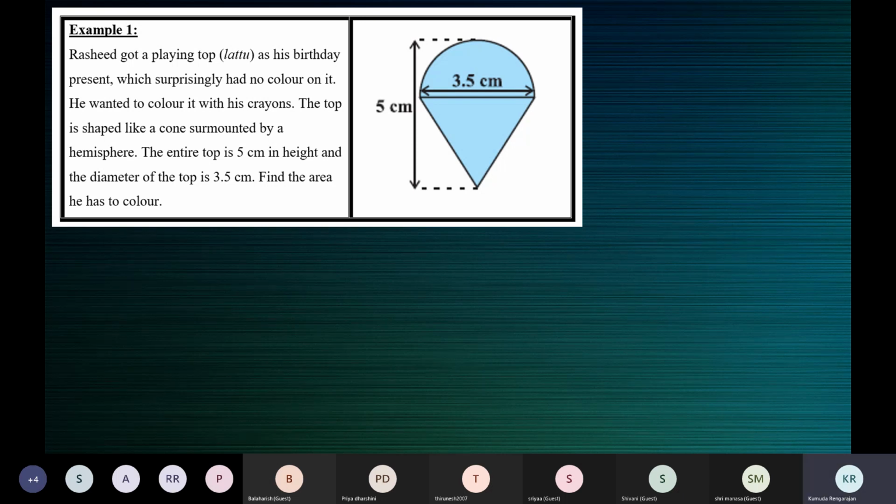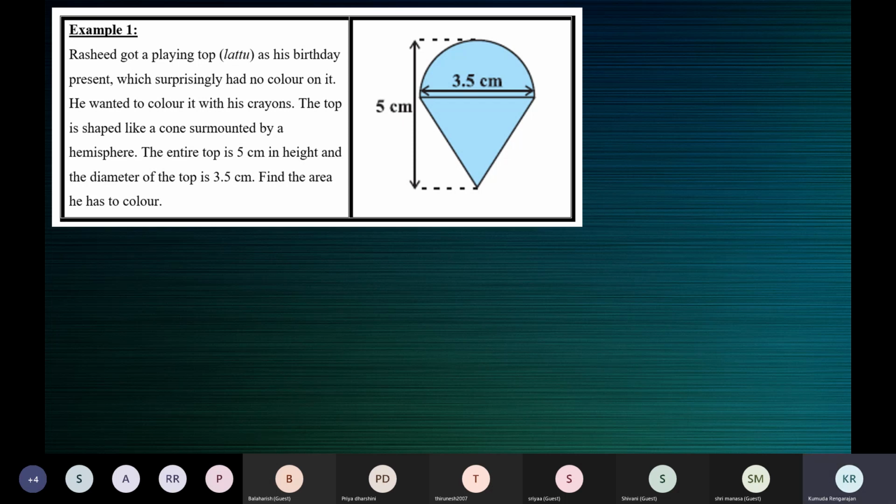The top is in the shape of a cone. You can see the figure alongside, surmounted by a hemisphere. The entire top is 5 centimeters in height. So how is the top described, children? It is a cone surmounted by a hemisphere.